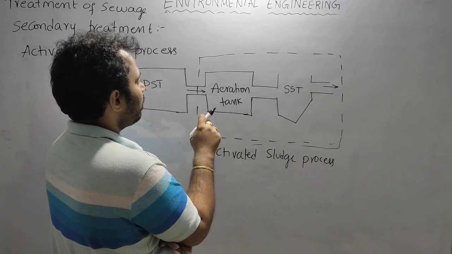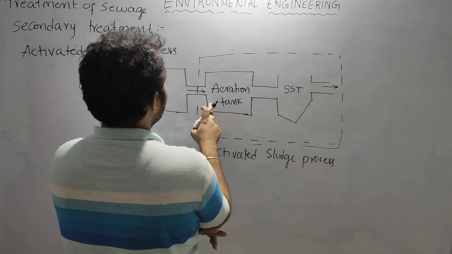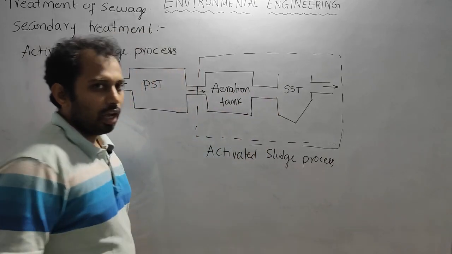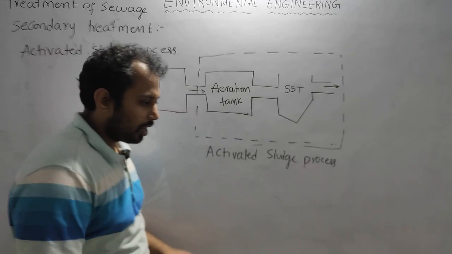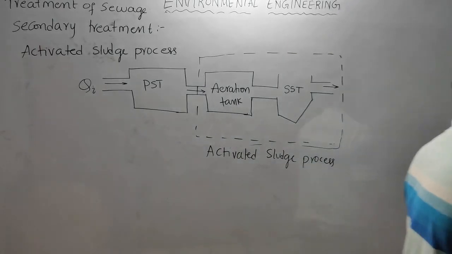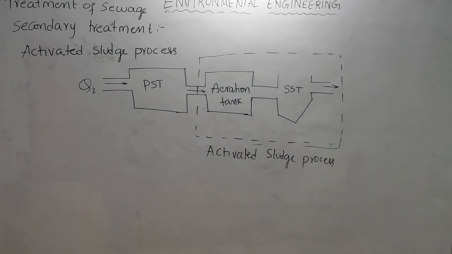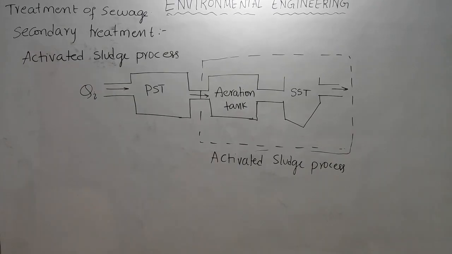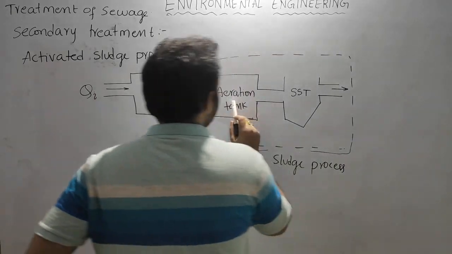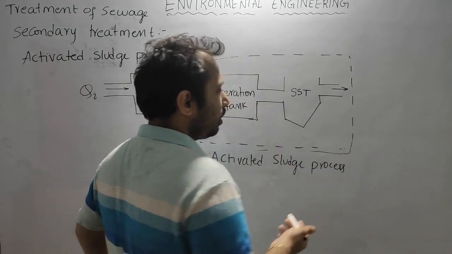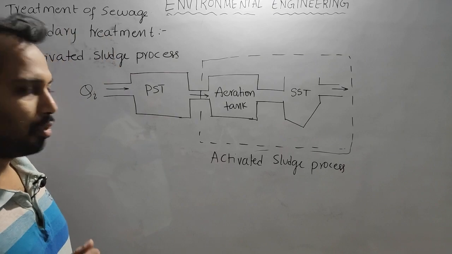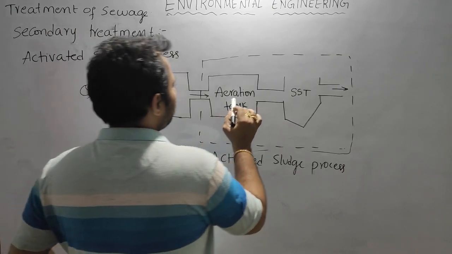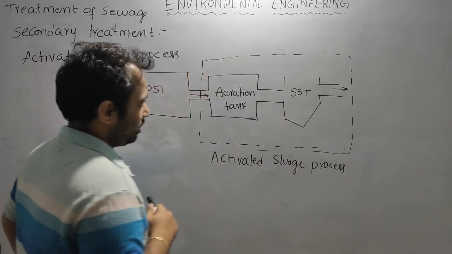After some time, when sufficient treatment is completed, we need to send all the wastewater out of this aeration tank. We will send all the treated water into the secondary sedimentation tank. When the effluent is going out of this aeration tank, all the decomposed and undecomposed organic matter will go from the aeration tank to the secondary sedimentation tank.